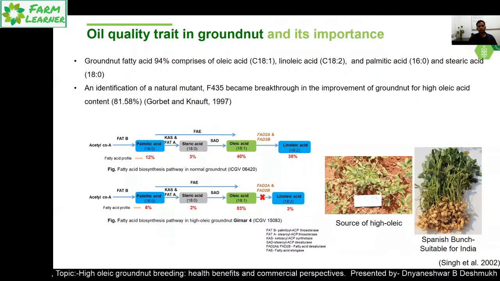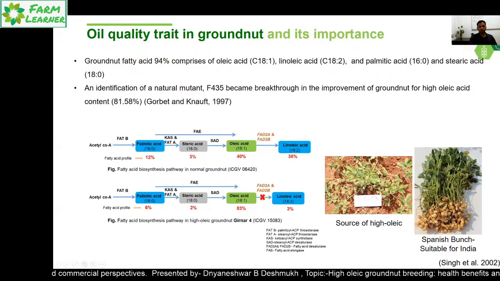So oil quality and its importance: if you look at the genetics and discovery level, groundnut was almost equal in oleic acid and linoleic acid. But in 1987, there was a discovery at the University of Florida, where Gorbet and his co-workers found a natural mutant.